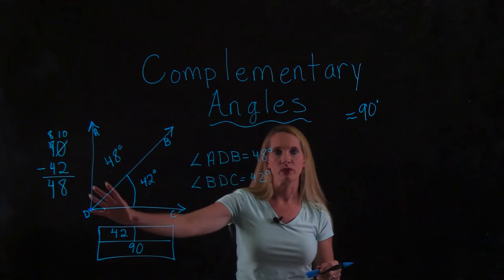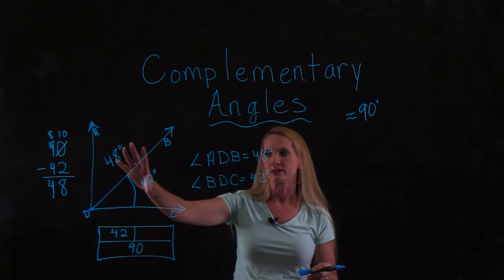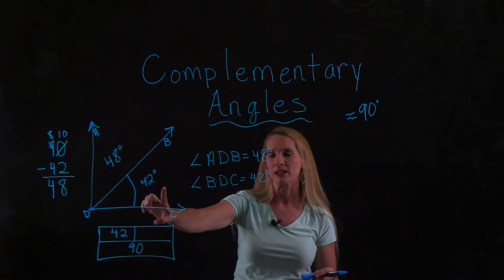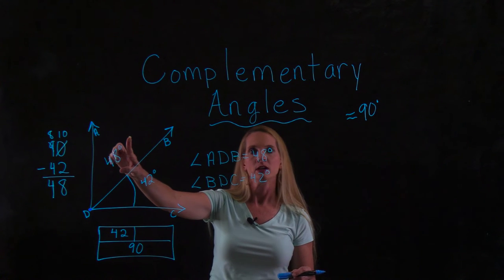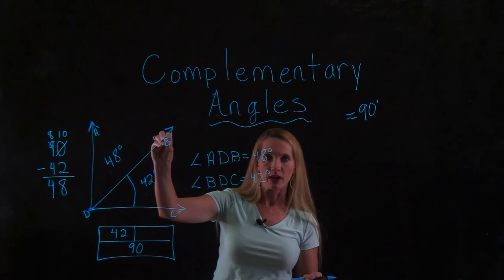You may see it with all of the angles labeled like that, and then you have to find the missing one. They may give you this one, or they may give you this one, then you have to find the opposite to know that they equal 90.